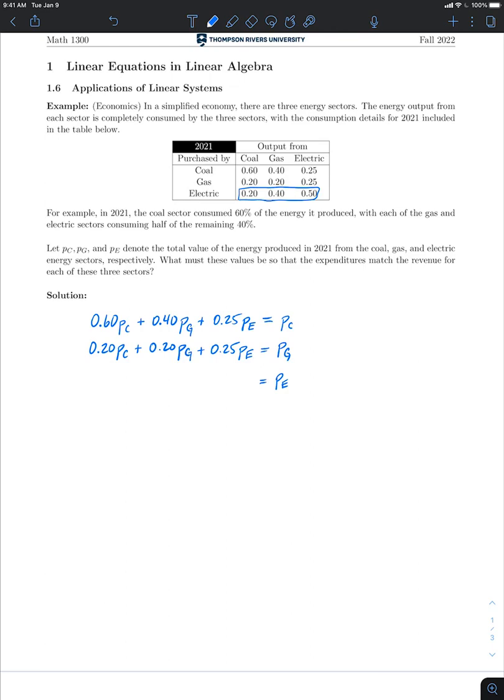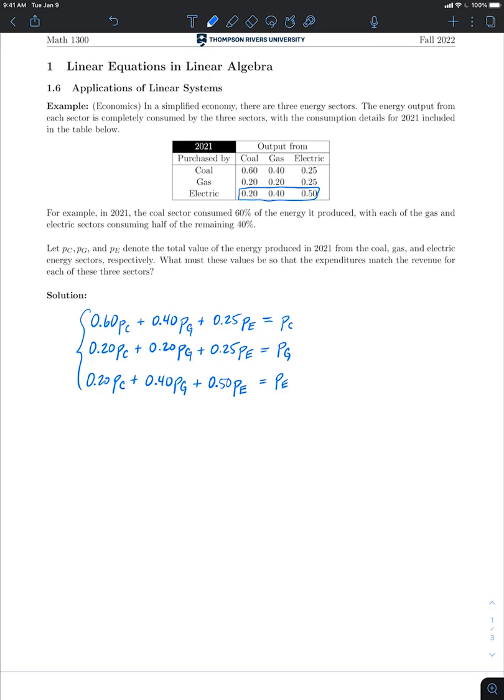Its total expenditures are 20% of the cost of all the energy produced by the coal sector, plus 40% of the cost of all the energy produced by the gas sector, and then 50% of the cost of all the energy produced by the electric sector. So that's the system of linear equations that we want to solve.